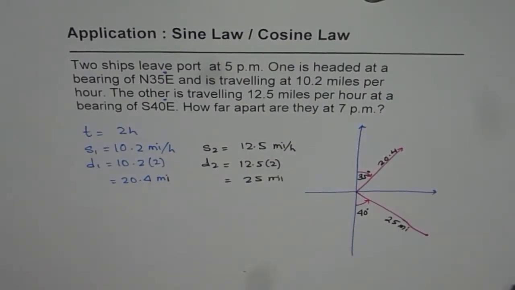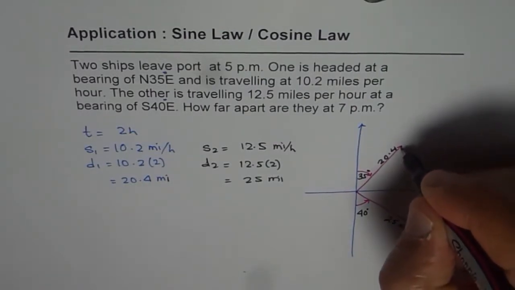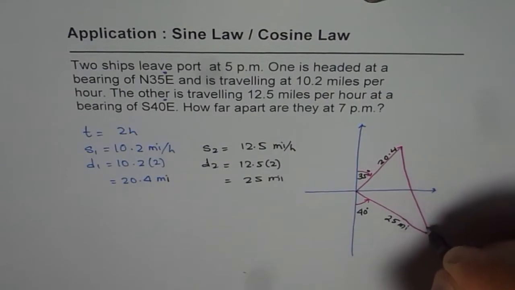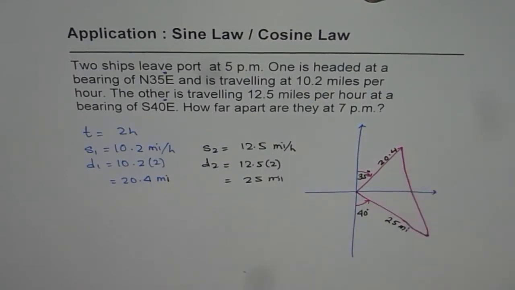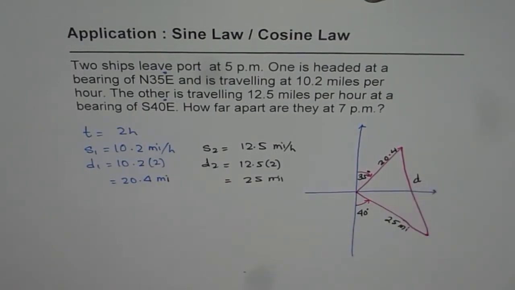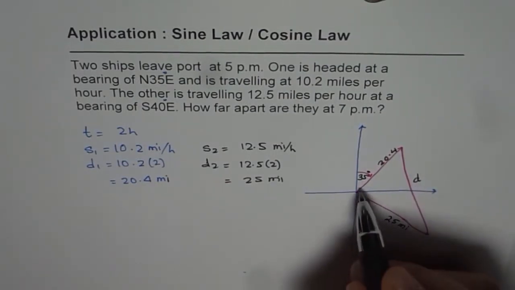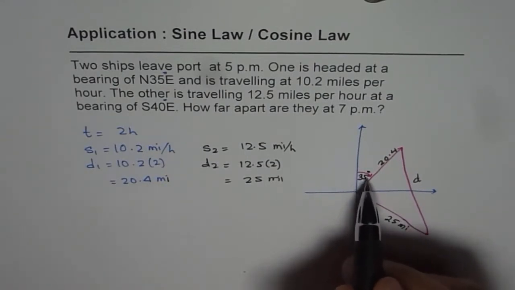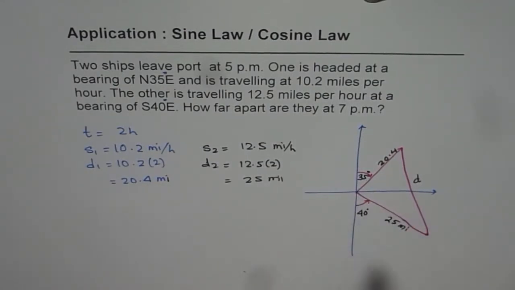Now we need to find the distance between them. So the distance between them is this distance. Let's call this distance D. From the given situation, we can find the angle in between. That is 35, this is 40 degrees.